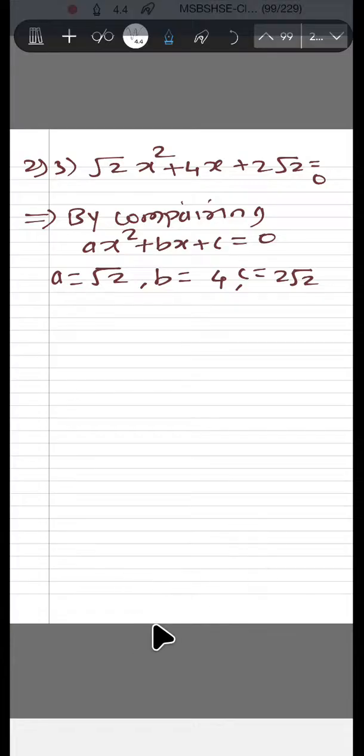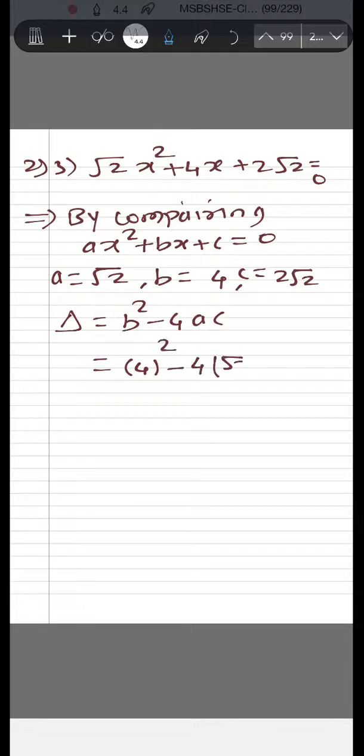The discriminant is b square minus 4ac. So 4 square minus 4 into square root of 2 into 2 square root of 2. 4 square is 16, correct?